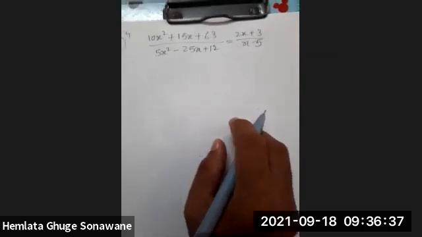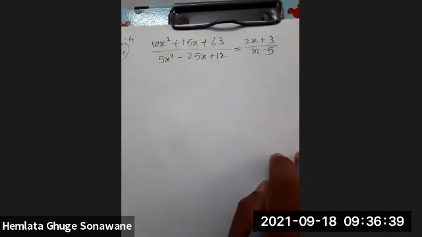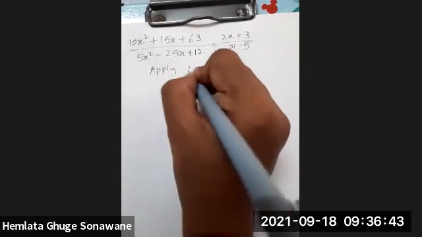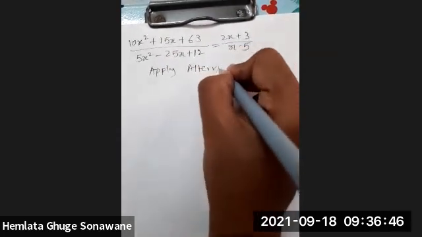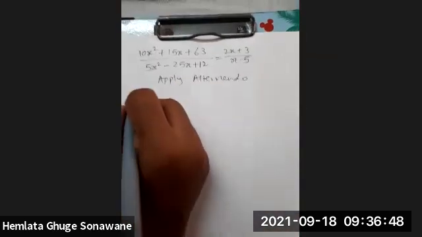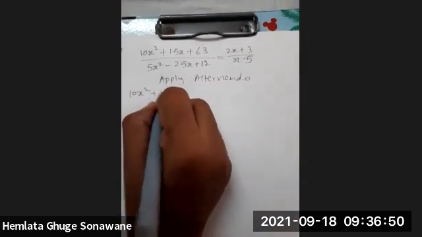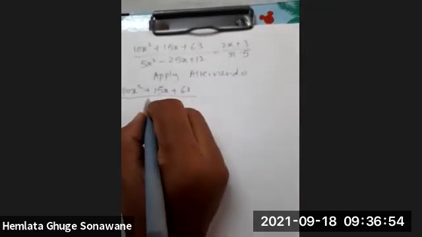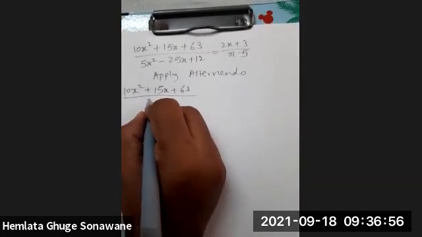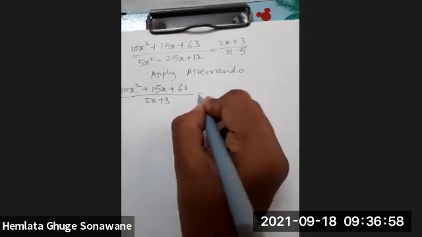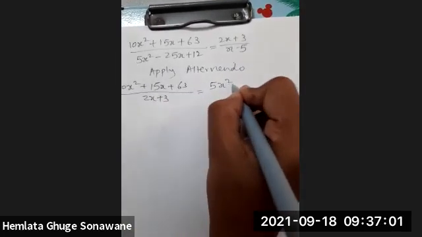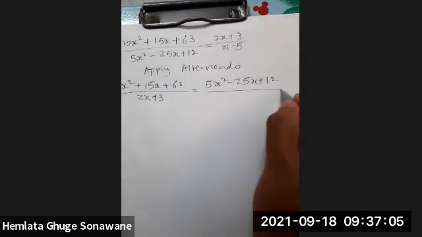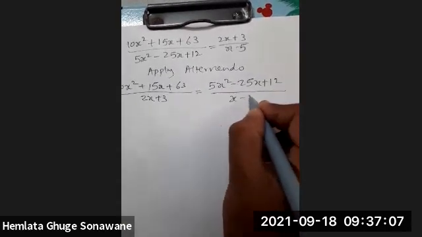We'll apply here the first property, alternando. It becomes 10x square plus 15x plus 63 upon 2x plus 3 is equal to 5x square minus 25x plus 12 upon x minus 5.